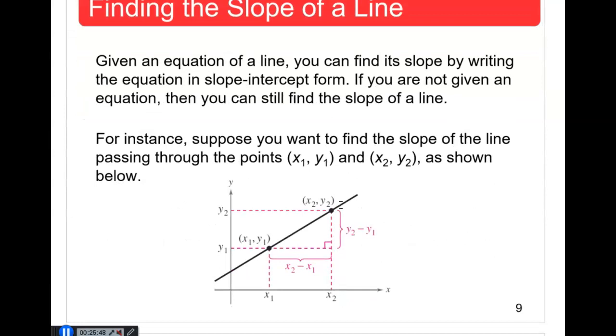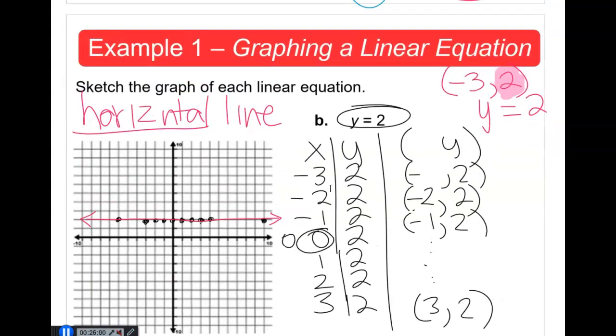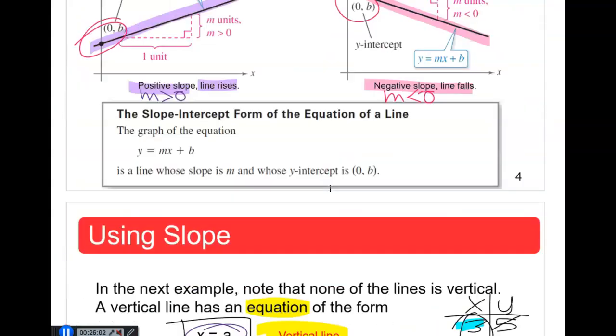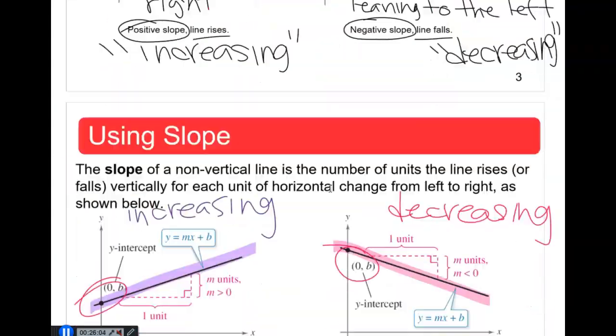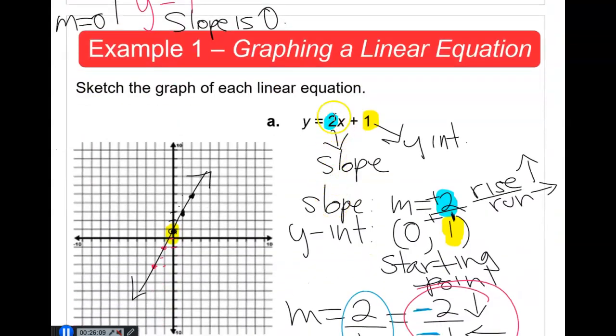So now let's go ahead and we already covered how, given the equation of the line, we can find the slope. That is what we did by looking at the equation. Where was our first? Here. Here we said the slope is a 2.